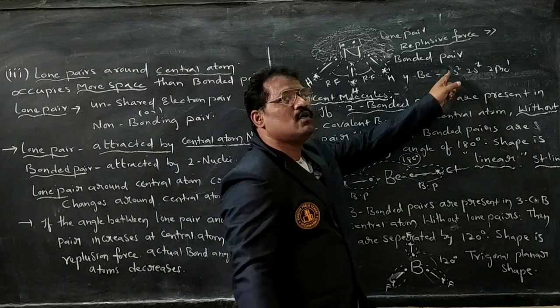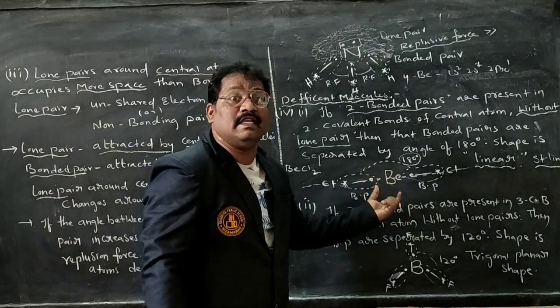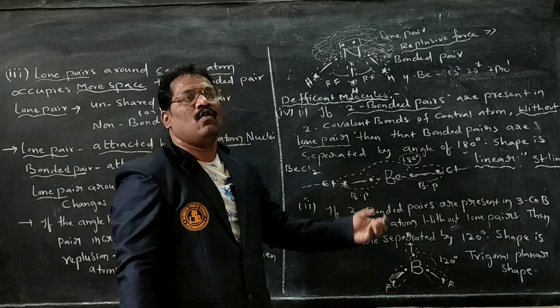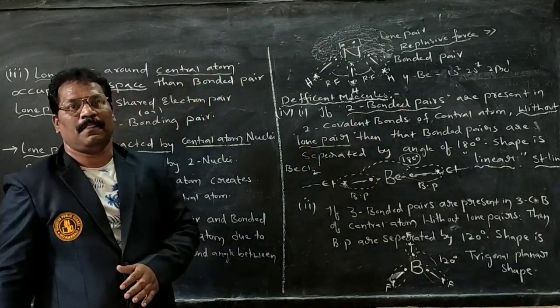Therefore, as it does not have 8 electrons in the valence shell, we call this molecule a deficient molecule.